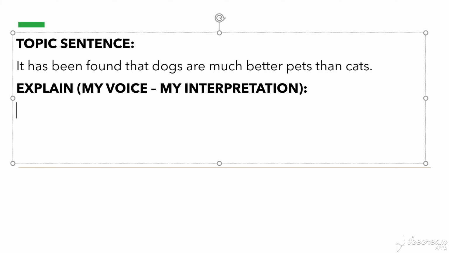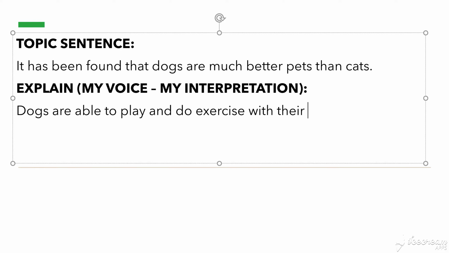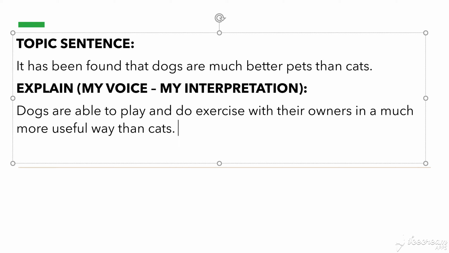So this might be something like, dogs are able to play and do exercise with their owners in a much more useful way than cats. Okay, that's what my paragraph's going to be about.